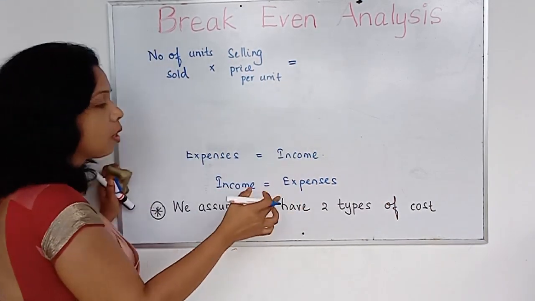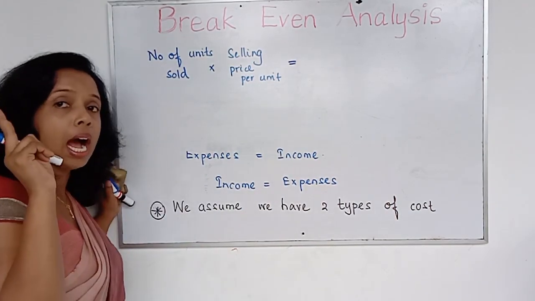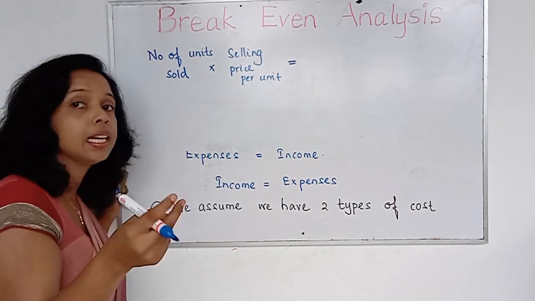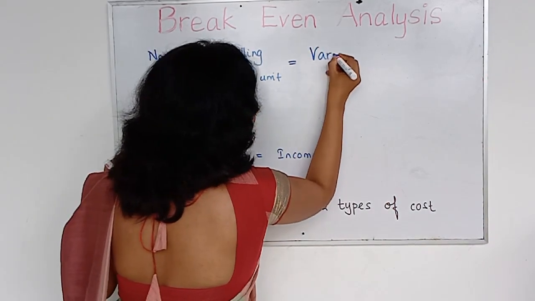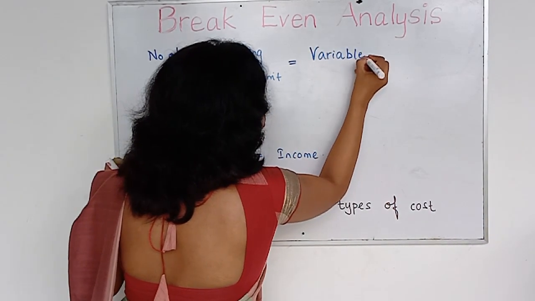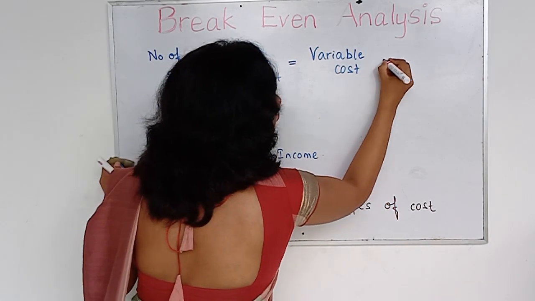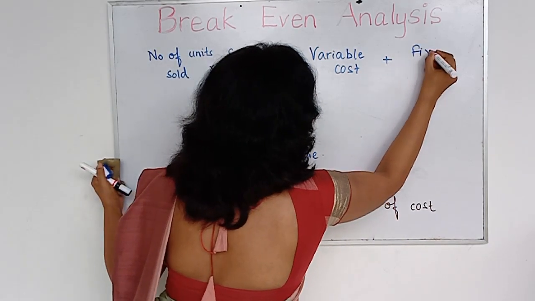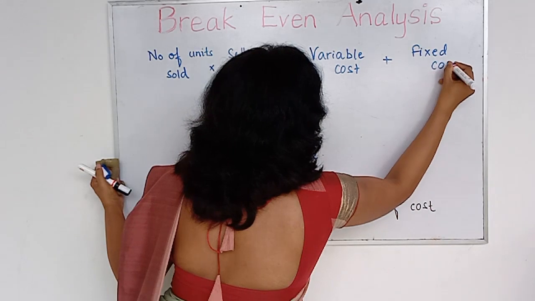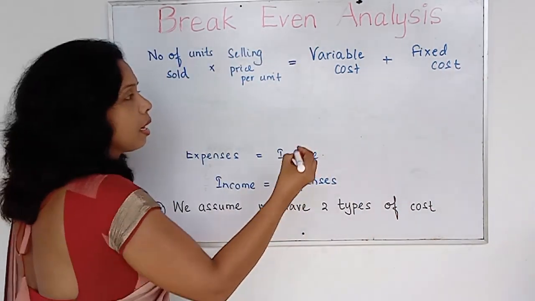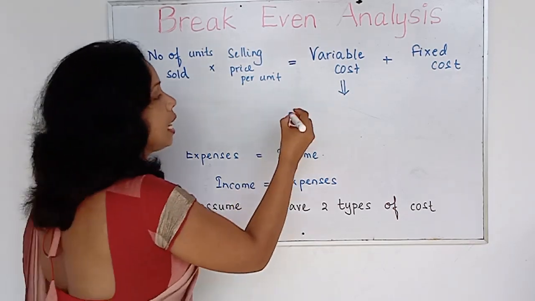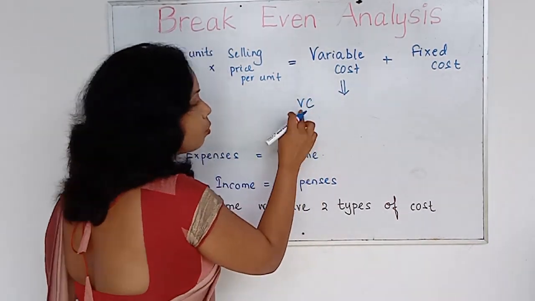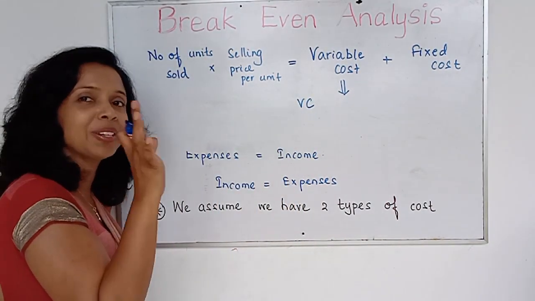Then this should be equal to expenses, and I told you I am going to have two costs in this analysis, that is variable cost and fixed cost. Can you remember how I can calculate the total variable cost?